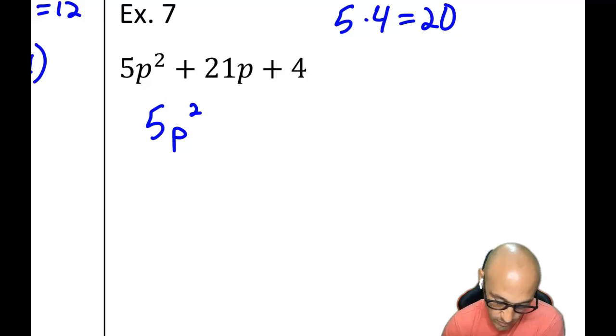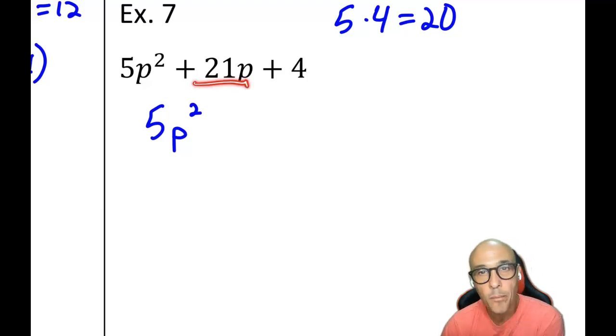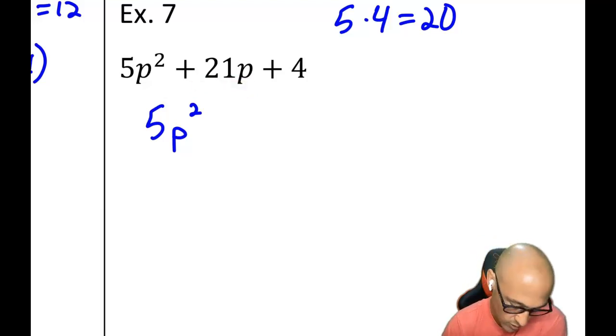So however I break this apart, it has to add to 21 and multiply to 20. Well, multiply to 20. 20 times 1? No. Oh, wait. Yeah. 20 and 1 will work.